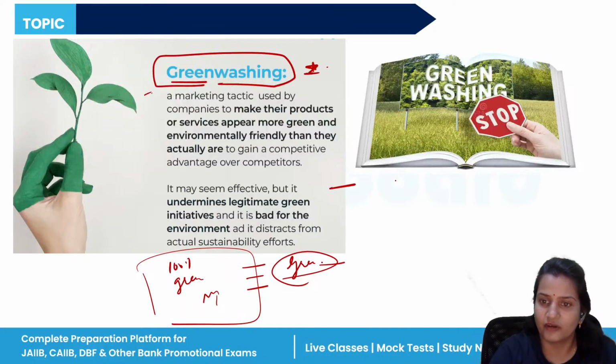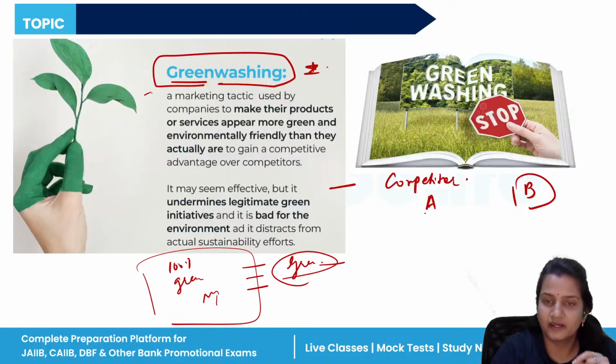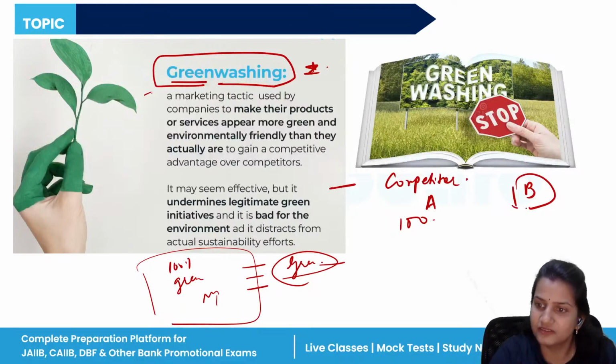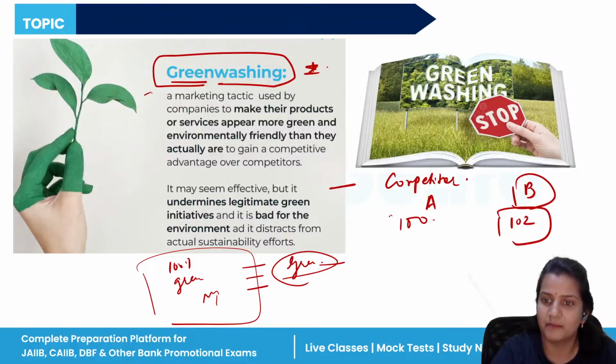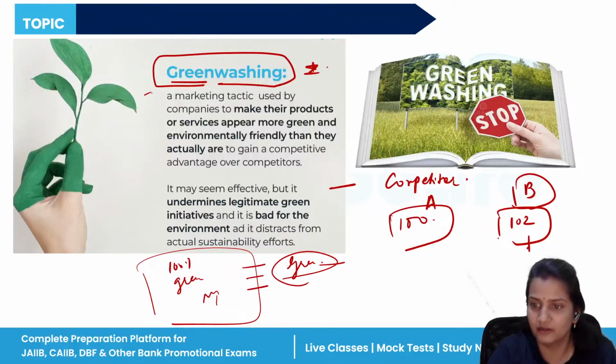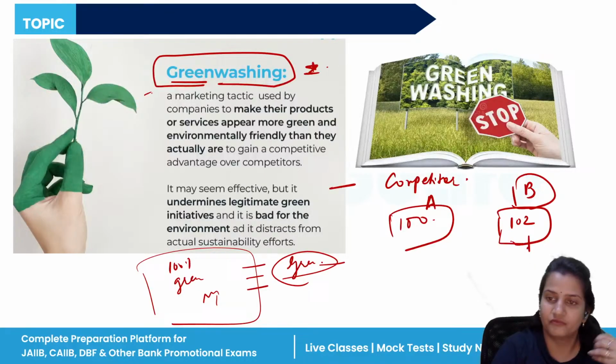For example, there is one competitor A and your company is B. The competitor is selling the product at rupees 100, and you are selling the same product at rupees 102. But you are making your product look very rich and green.